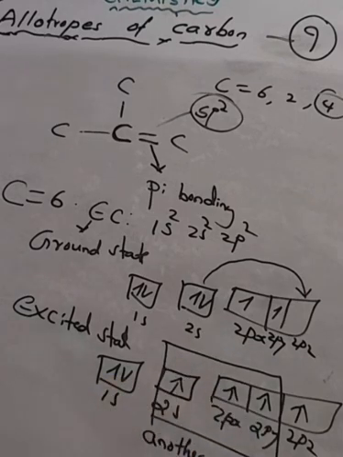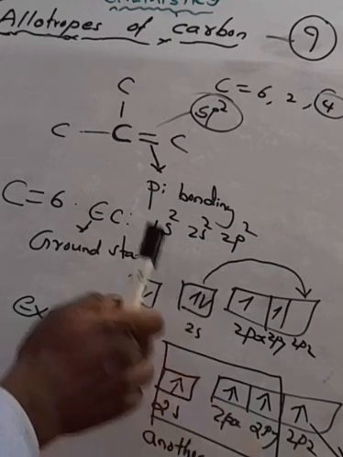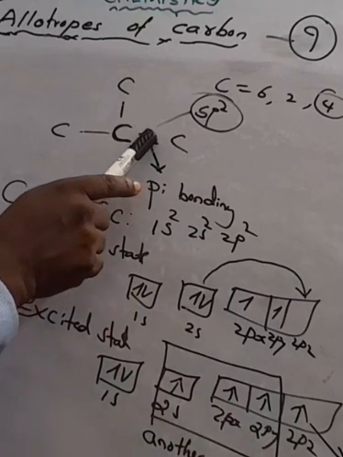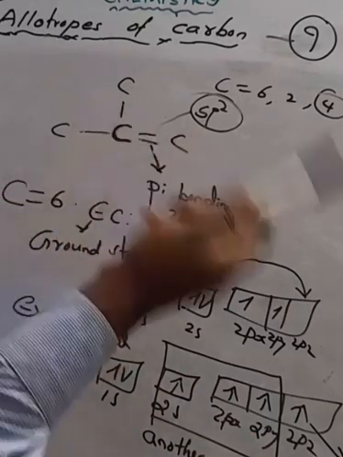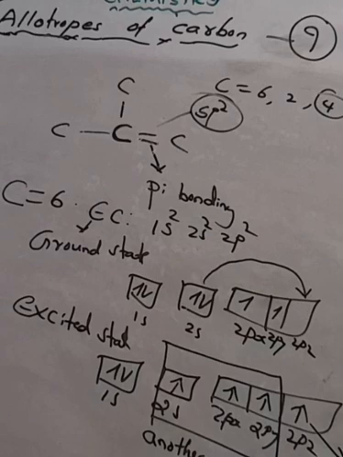Here the fourth one is an unhybridized p orbital. This unhybridized p orbital overlaps with another unhybridized p orbital to form a pi bond. Which bond? Pi bond.